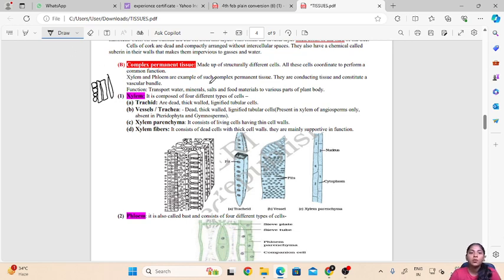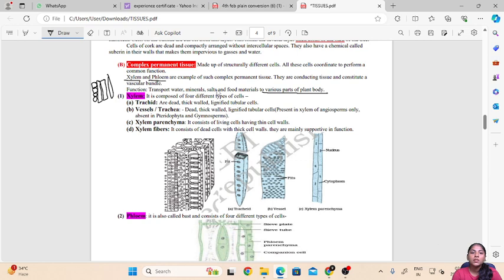Xylem and phloem are the examples of complex permanent tissue, and they are conducting in nature. That is, they conduct water, nutrients, and food from one part to another part of the plant. Here see the function: transport of water, minerals, salt and food materials to various parts of the plant body.